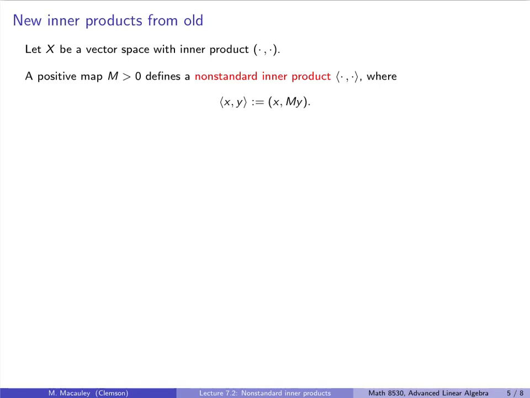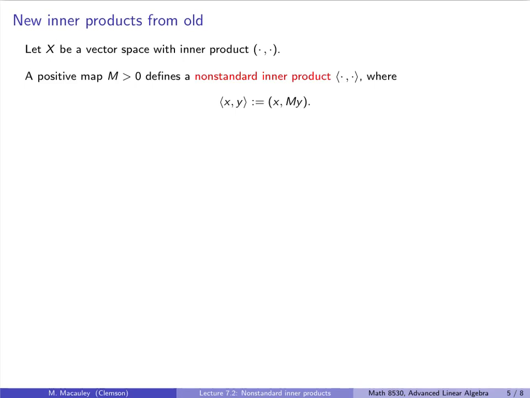The new inner product of x and y is the old inner product of x with My. Now I've done examples like this previously in the course. I just haven't called it this because we didn't really have a use to call it this until this lecture, when we wanted to prove that every positive matrix is a Gram matrix, and we're going to continue with this.